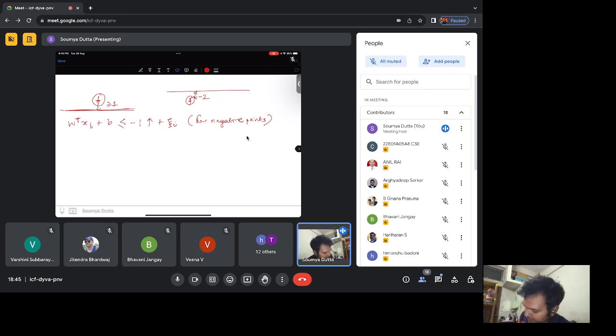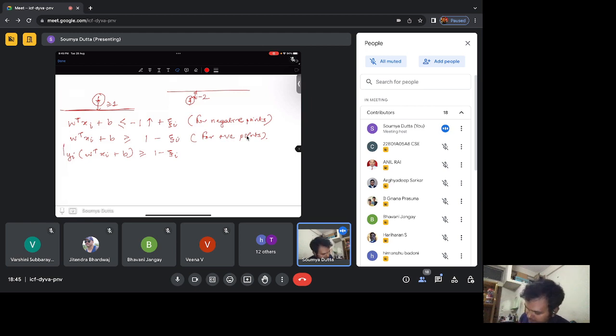So you have these for negative points, and this for positive points. Again you can combine both of them and you will get something like this. You multiply the first one by -1, the second one remains as it is.